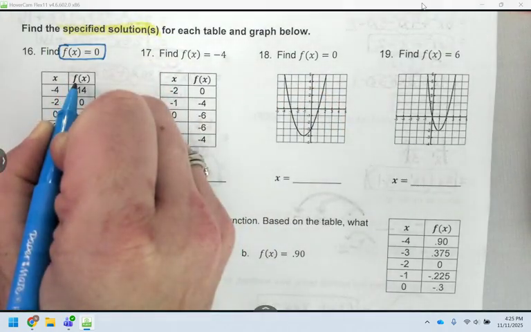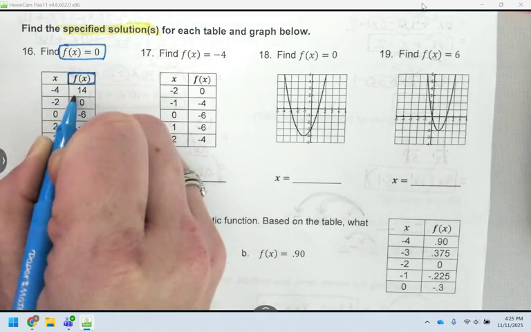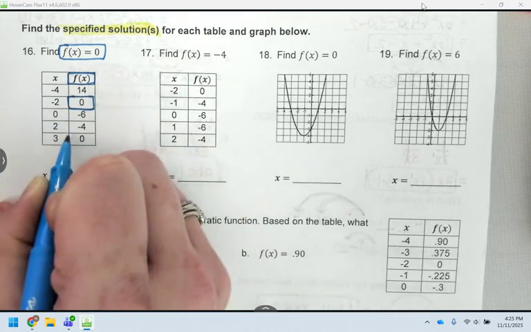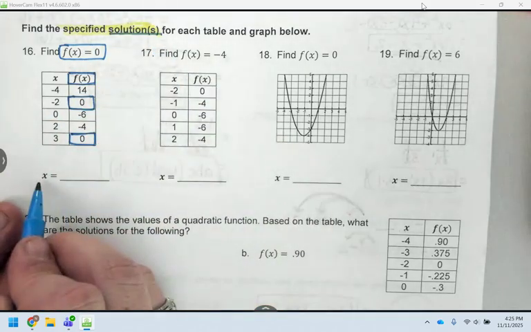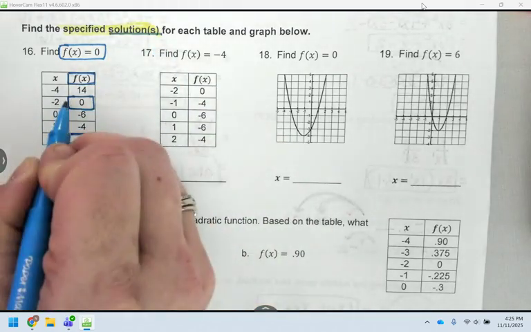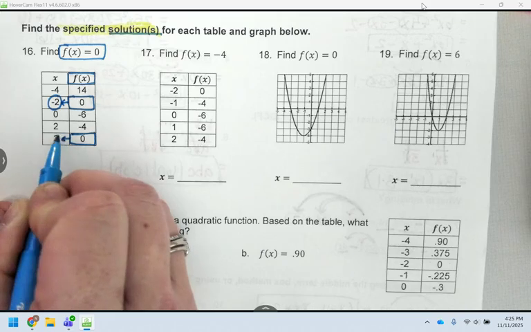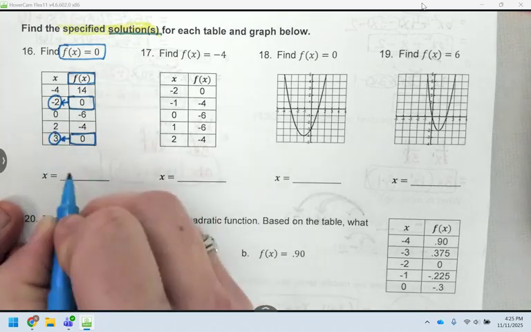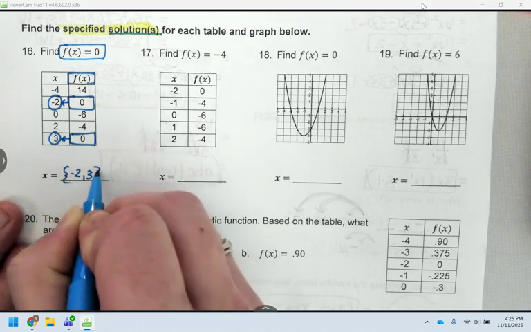Look, f of x is right here, right? f of x is equal to 0 here and here. The solution is your x values. So when f of x is 0, x is negative 2 and 3 with braces.